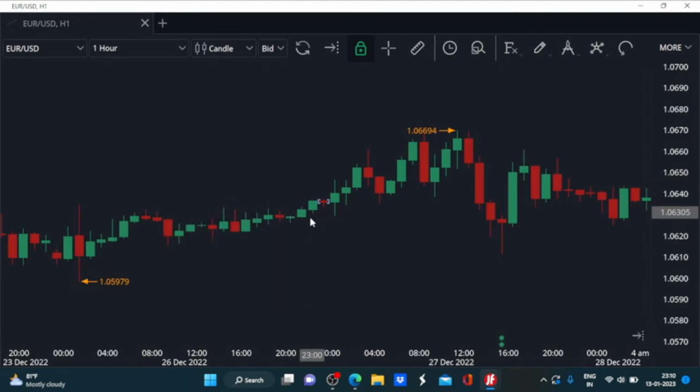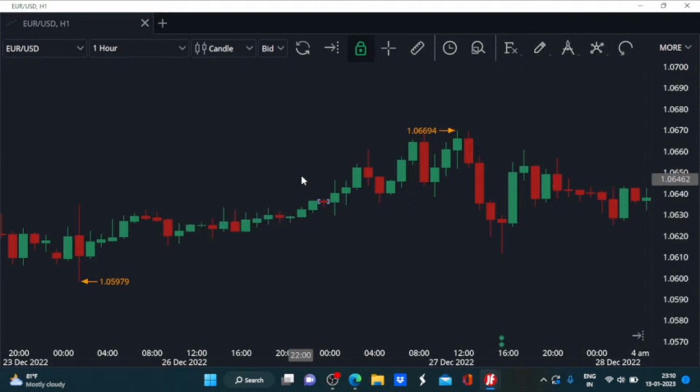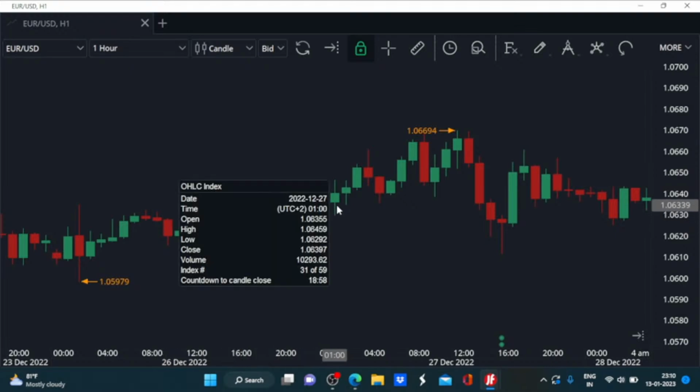So this is a two candle formation, and this second candle's body should be small. It should be a doji candle, and it should be contained within the larger body of the first candle, so that is the requirement. And then you have to use it as a mechanism for the price reversal.